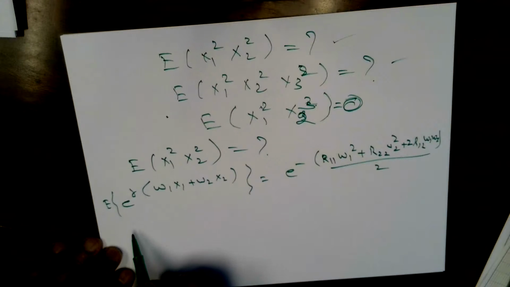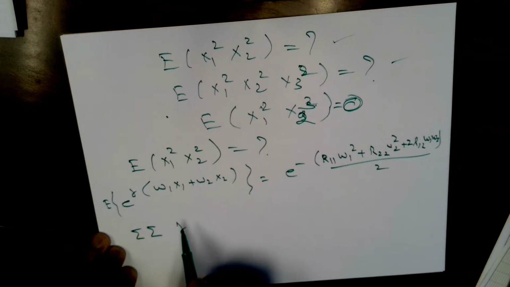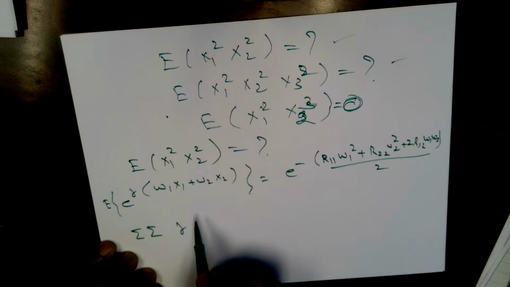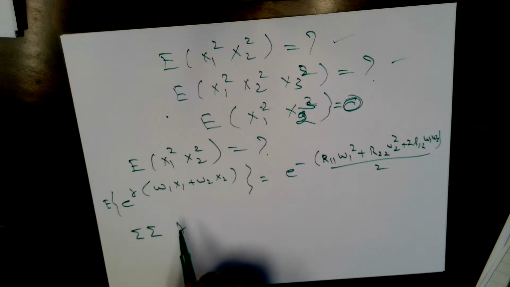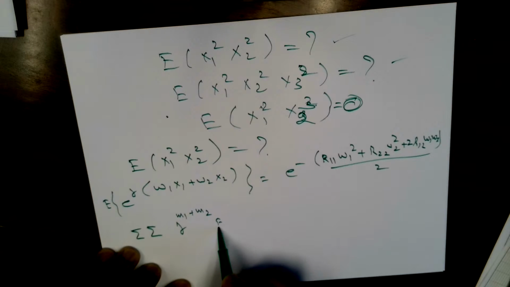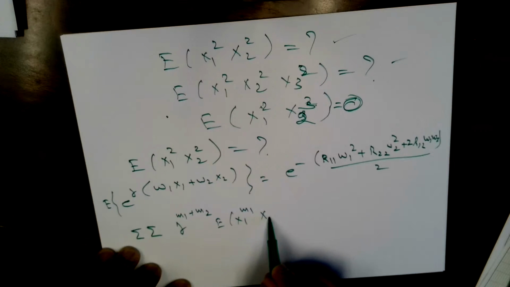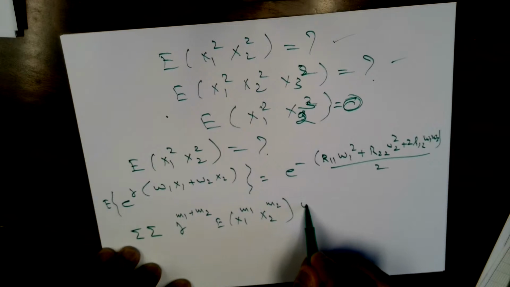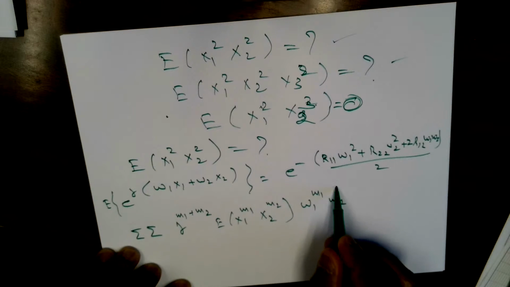So this is going to be a double summation, j to the power, just two terms, so I'm going to call them M1 and M2, j to the power, then expected value of x1 to the power m1, x2 to the power m2, omega 1 m1, omega 2 m2.